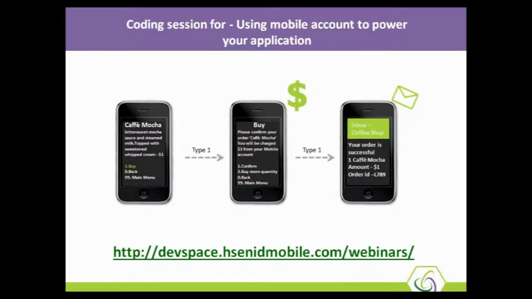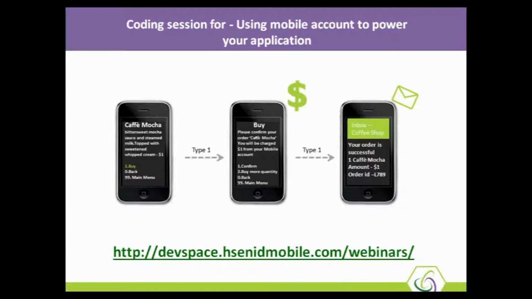Let's see what would be covered in the coding session. Remember the coffee shop application we've been improving throughout these sessions? Today we will show you how we can improve our coffee shop app to a level where a customer can pay for his coffee via his mobile phone.